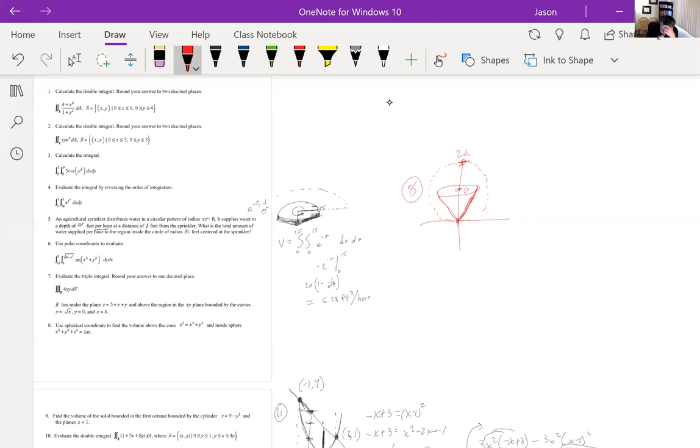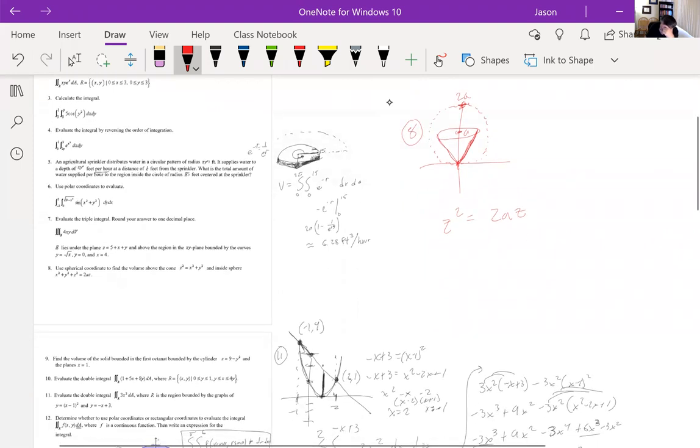No, I don't want the radius to be 2. Yeah, 2a is z, right? And so when x and y are 0, we have z squared equals 2az, okay?